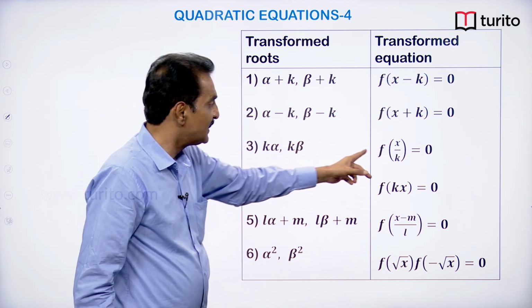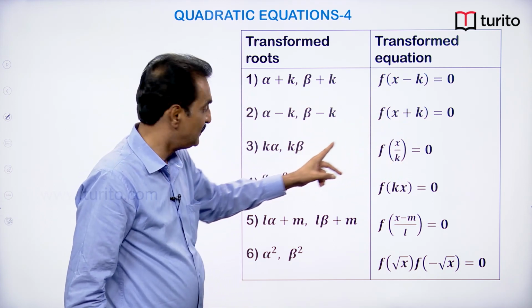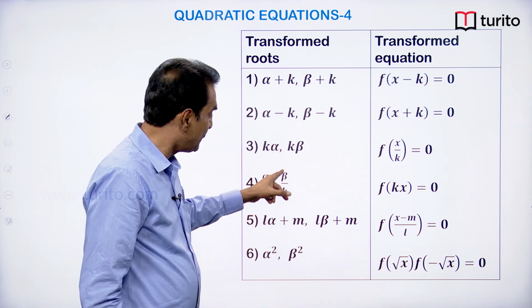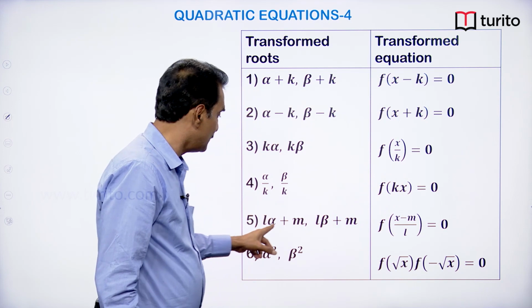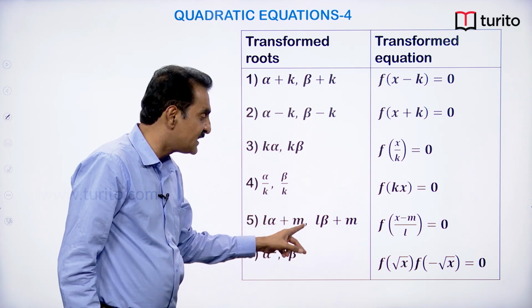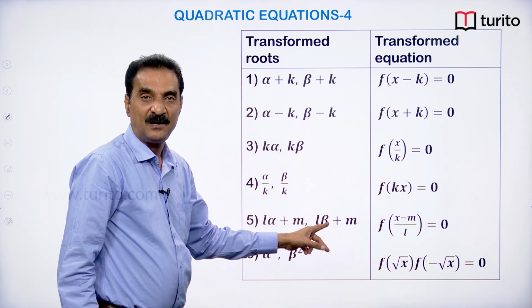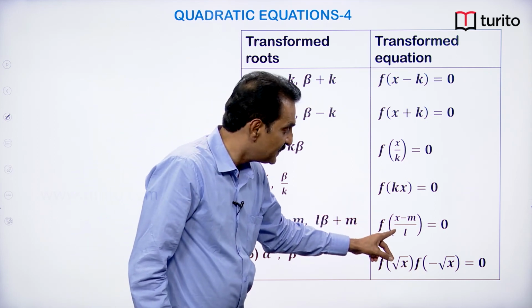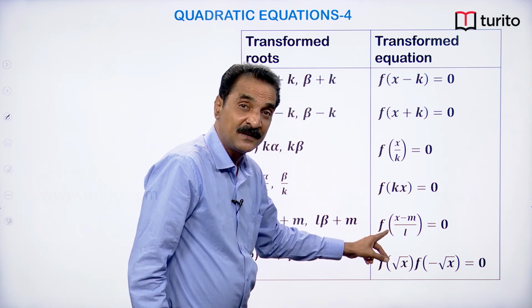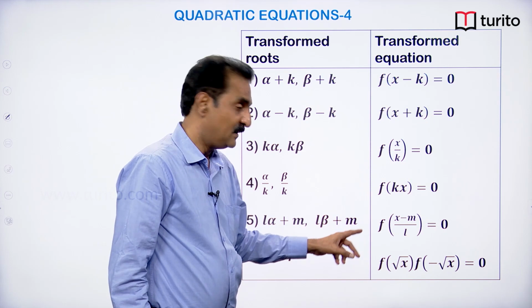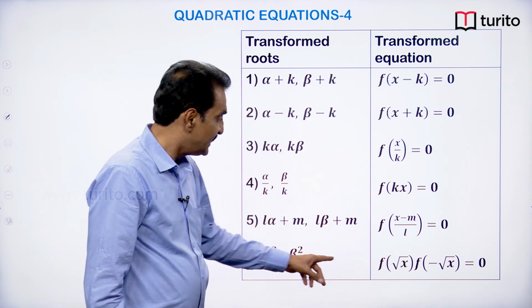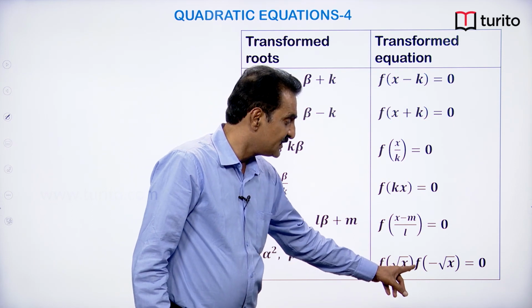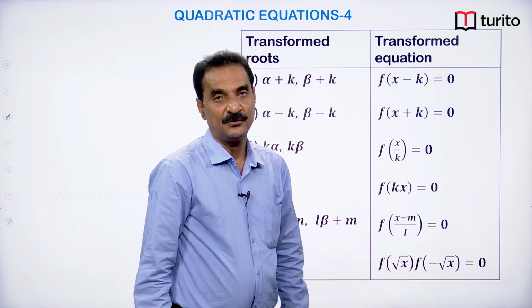If k alpha, k beta, then f of x by k is equal to 0. If alpha by k, beta by k are the new roots, f of kx is equal to 0. If L alpha plus m, L beta plus m are the new roots, the transformed equation is given by f of (x minus m) by L. If alpha square, beta square are the new roots, then f of root x into f of minus root x is equal to 0. Okay.